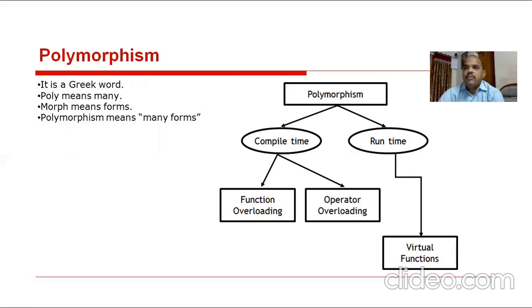Clear? Many forms. So after the inheritance, it is another most important feature of OOP. So it is the most important concept in OOPs.